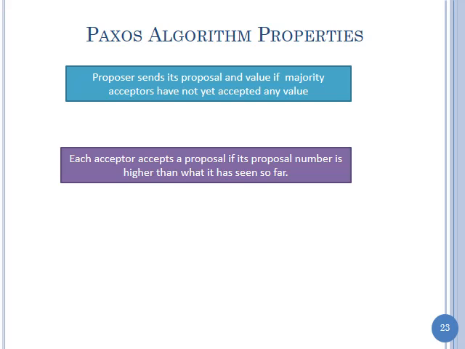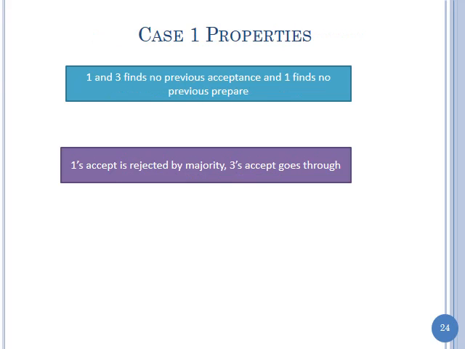So remember, the proposer sends his proposal and value if a majority of acceptors have not yet accepted any value. And each acceptor accepts a proposal if its proposal number is higher than what it has seen so far. So this is the simplest case, the case that's exercised when you first propose a value, and you have two nodes, 1 and 3.